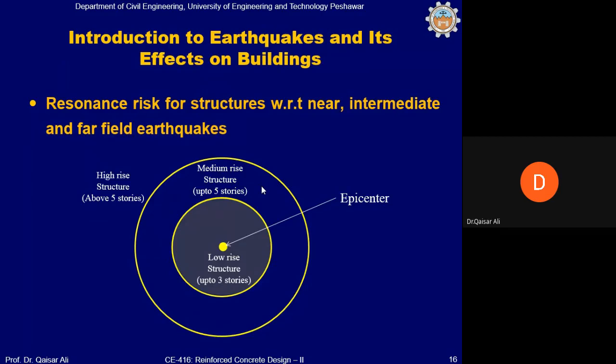However, when resonance occurs, the amplitude keeps on increasing, and when the amplitude or the drift of the structure reaches a level where it exceeds the capacity of the structure, the structure can collapse. So resonance is no doubt dangerous, but resonance with sufficient energy imparted to the structure is also necessary to cause damage to the structure.